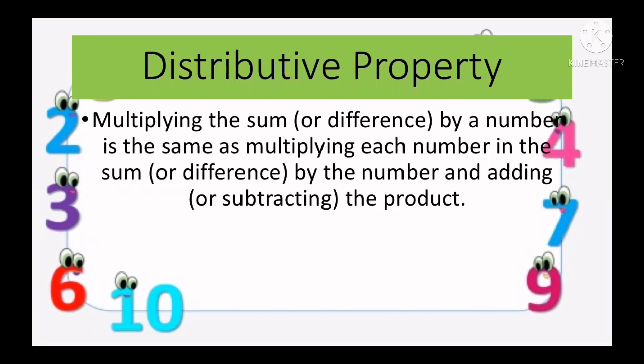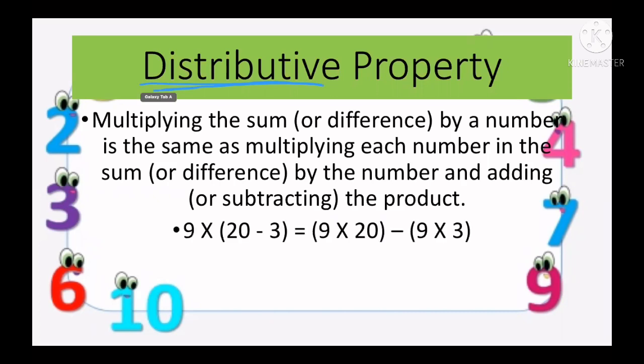Okay, I will make it short. We will just distribute the number. How? I will show you just like this. Instead of doing this first, we can distribute 9. Distribute means share.